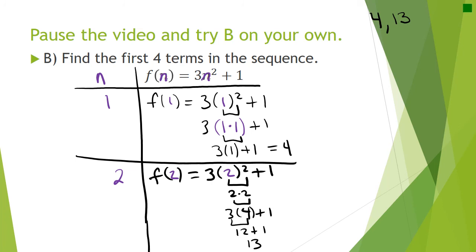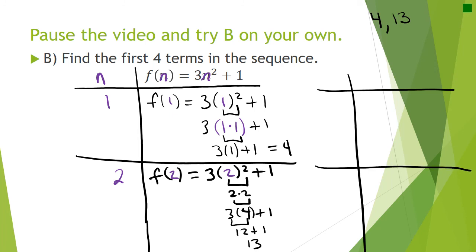And then I'm going to go ahead and continue my chart here. Of course, I always run out of space because I write so big. But I'm going to go ahead and pre-fill a lot of my information. So f of 3 equals 3 times 3 squared plus 1. See, I forgot to make these a different color.